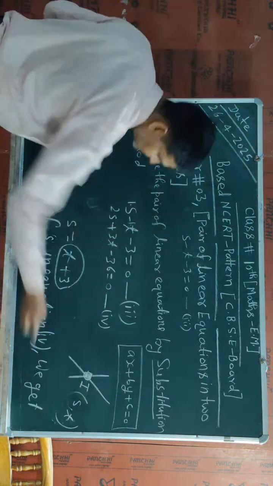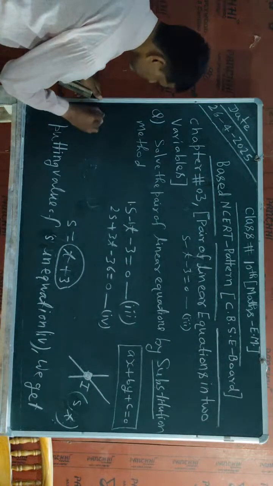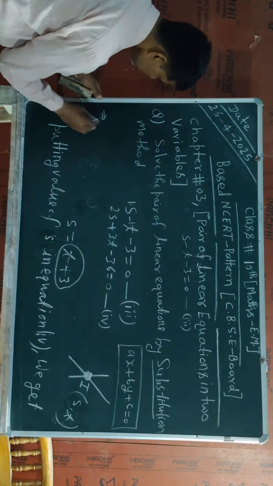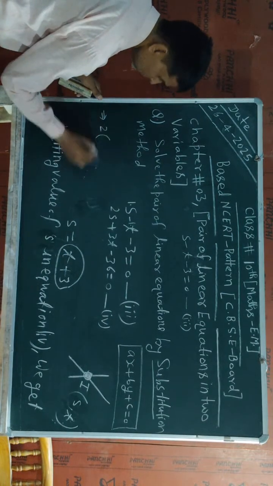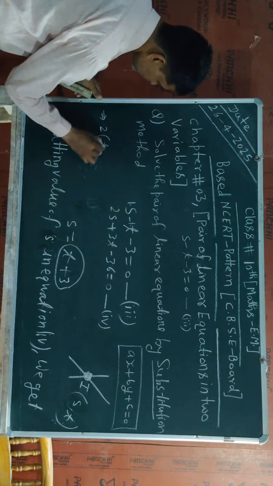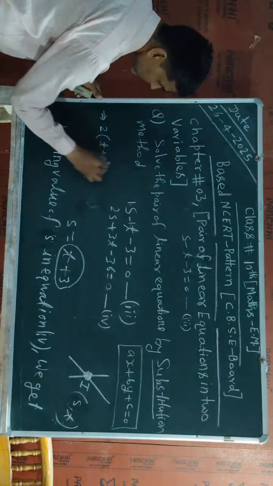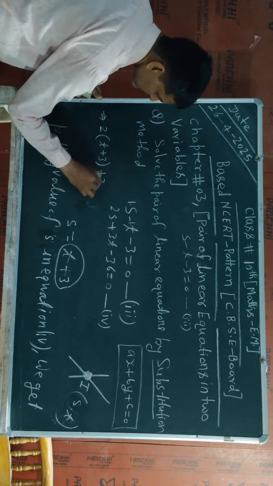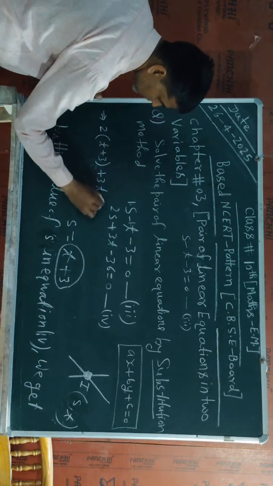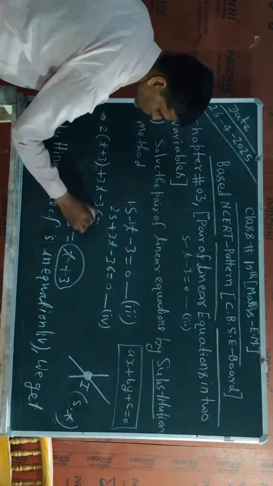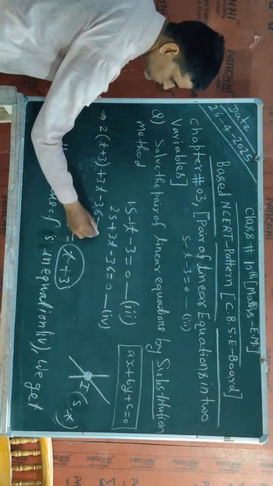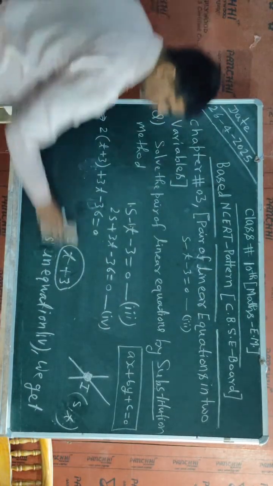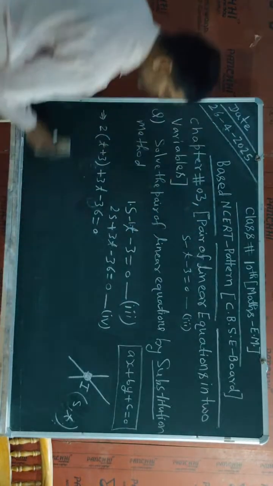Already I have written this information. So here I will put, implying that 2 into, in the place of s I will write t plus 3, plus 3t minus 36 which is equal to 0. Okay student, so this information I am going to erase.